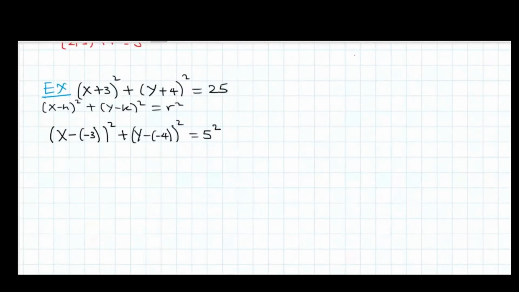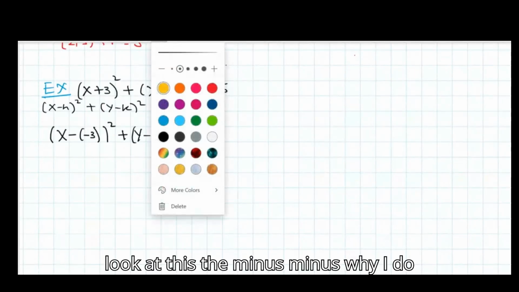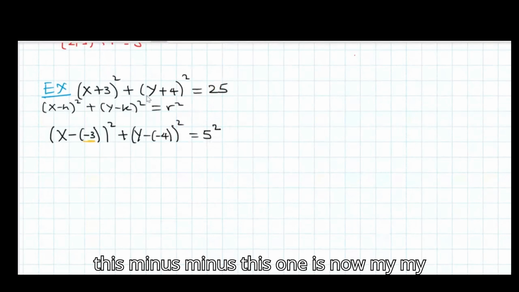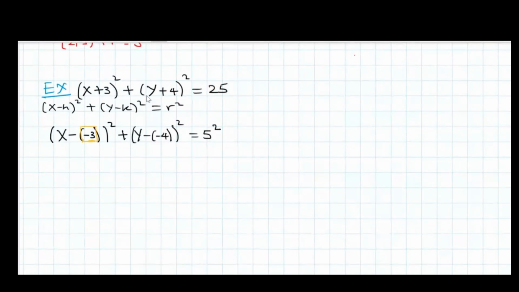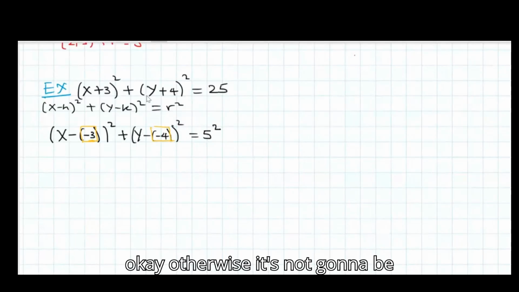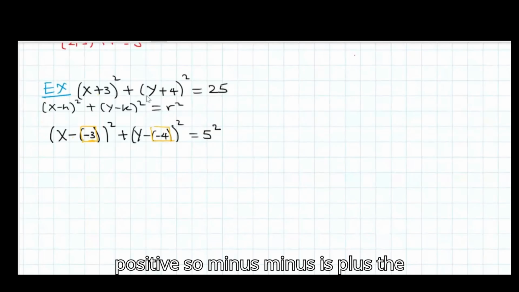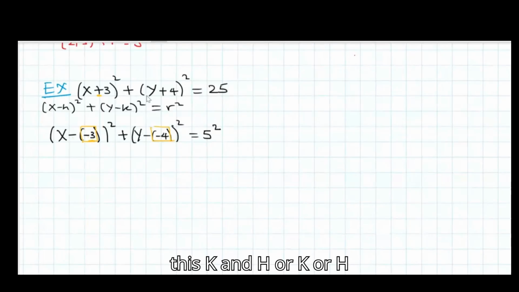So look at this. This one is now my h, and this one is my k. Otherwise, it's not going to be positive. The reason this one is plus is because h and k were negative.